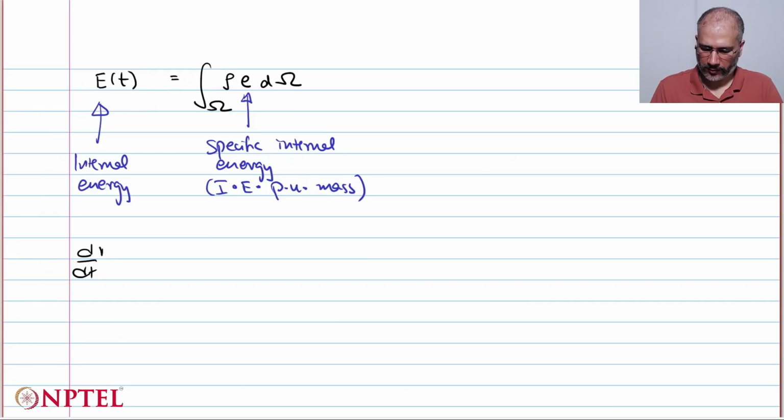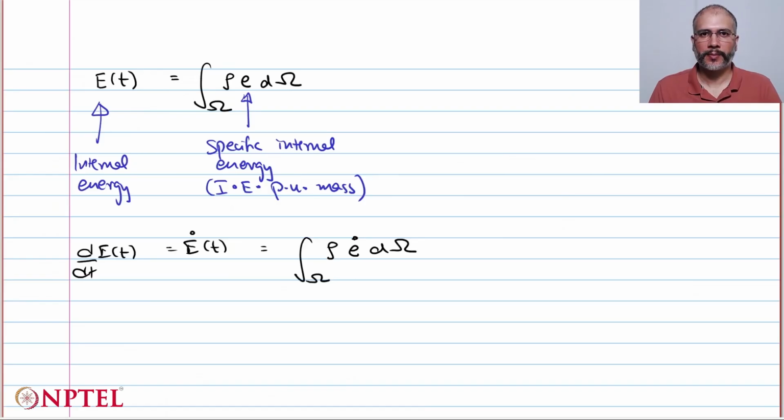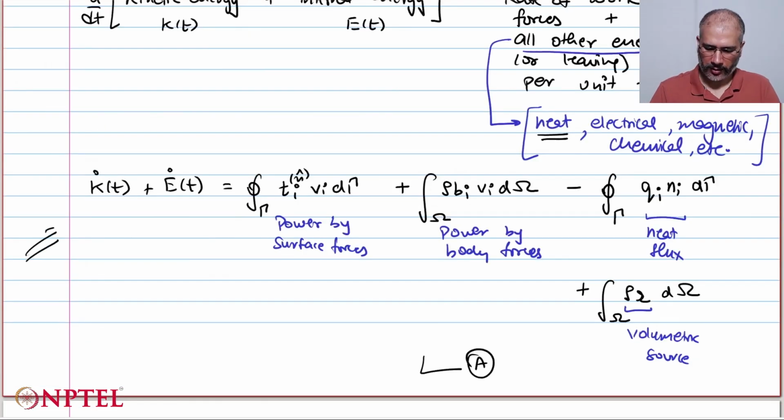So d by dt of E, which basically is written as E dot, becomes simply the integral of rho small e dot times d omega. So let's call this C. So now if you look at equation A here, we have expressions for k dot and e dot now in terms of integrals. So we will substitute these into equation A to get the energy equation that we want to get to.